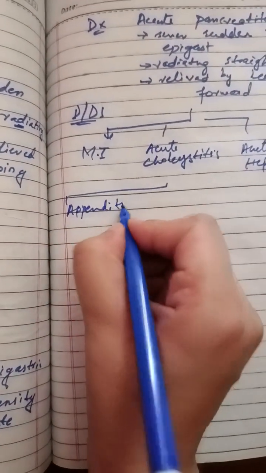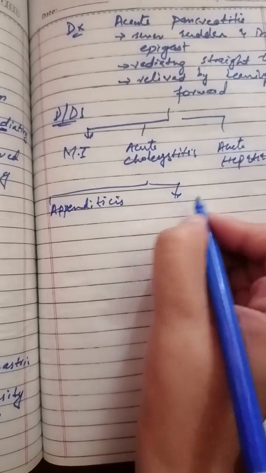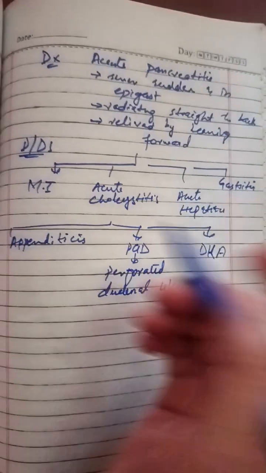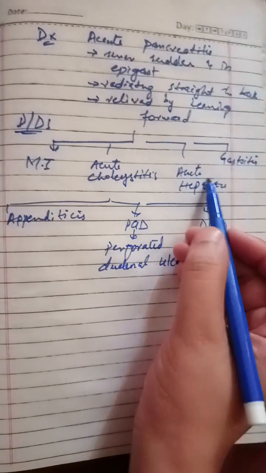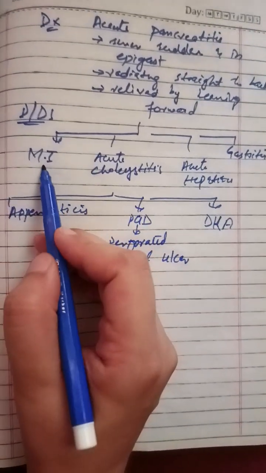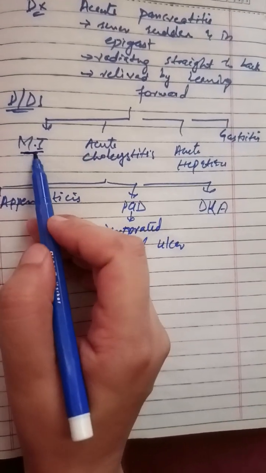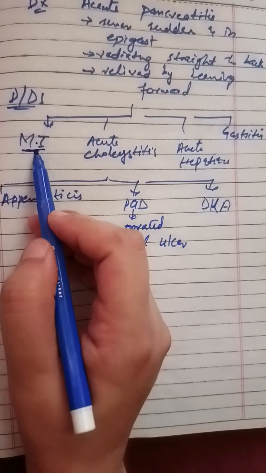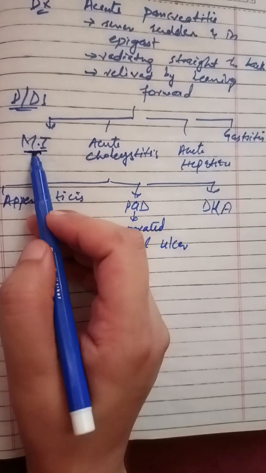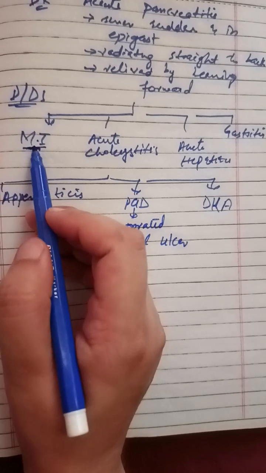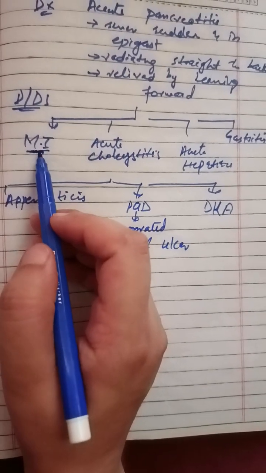I will discuss all these one by one. These are the differential diagnosis of pain in the epigastrium, but in MI, the pain will radiate to the neck, the jaw, the left arm, and to the back. And we will exclude MI by doing ECG for the patient.